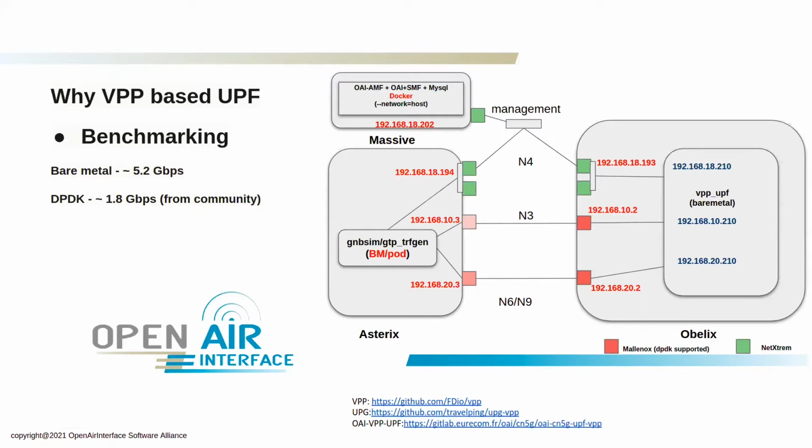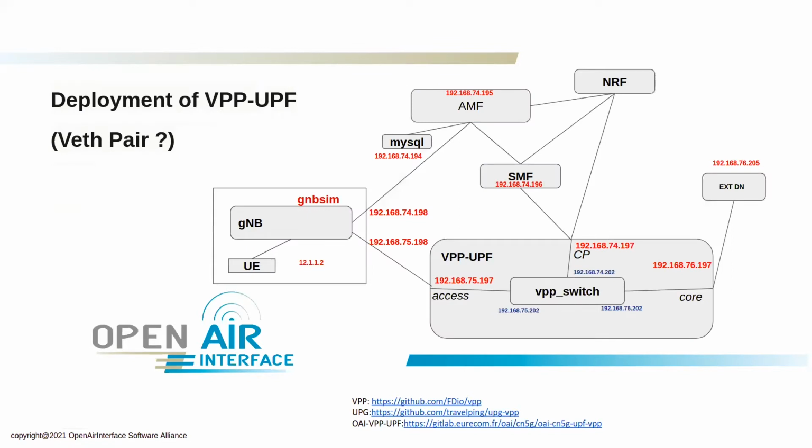Sorry. Yeah, so just an overview of how it looks. We have all core network components and the VPP UPF. I just wanted to focus on the VPP UPF box. You will see there are two IP addresses, one in red and one in blue. How it is implemented is that it's a software switch. We need to bind the interfaces of a container or physical machine to the software switch, just like OVS.